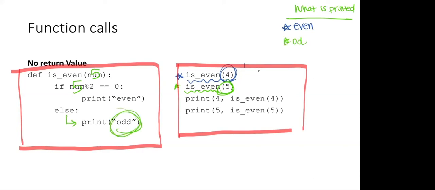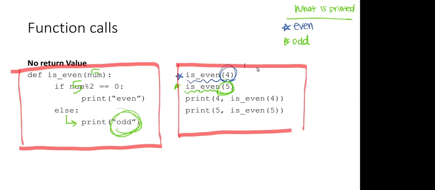So odd will print out this time. Once again, nothing is being returned, but the reason things are showing up inside of our terminal, or inside of our window where everything normally prints, is because we have actual print statements in the function, and whenever those are run, something will print.